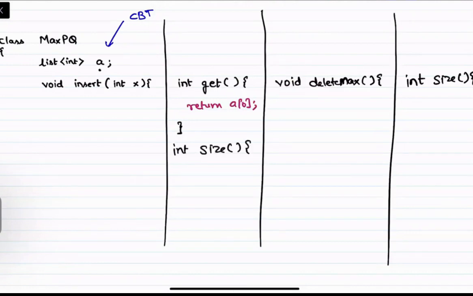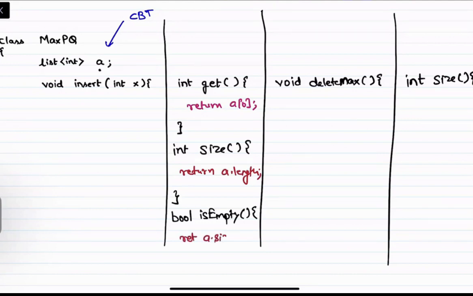For size, what will we return? A dot length or A dot size, depending on the language. If I have to implement is empty also, a bool is empty, that can also be done based on size. Return this dot size double equals 0.